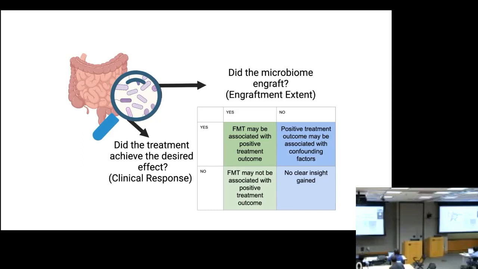And so maybe FMT isn't associated with positive clinical outcomes. Without knowing the answer to both of these questions, you're kind of left in a haze of not knowing exactly what was the failure of your study. And so knowing engraftment extent allows you to better understand what the result of your clinical outcomes were.